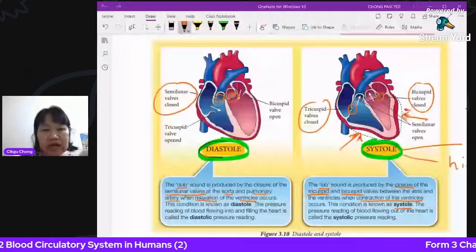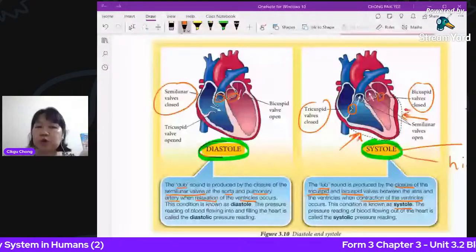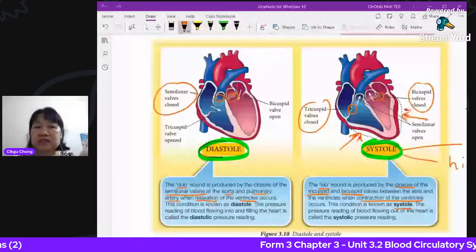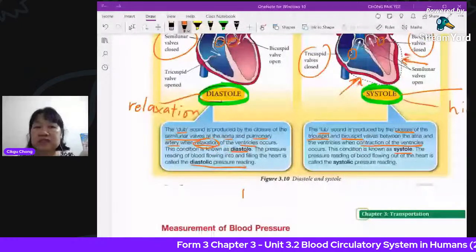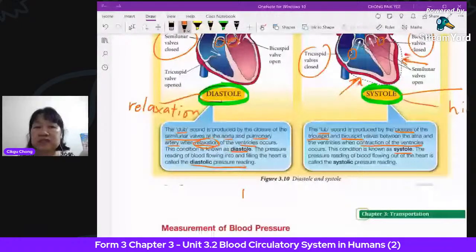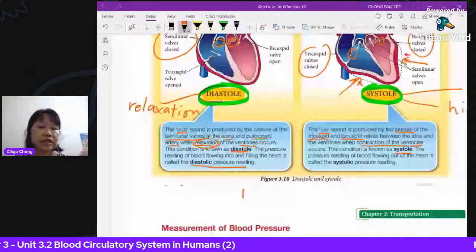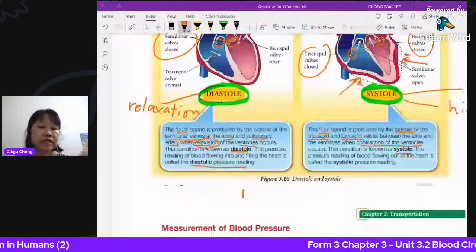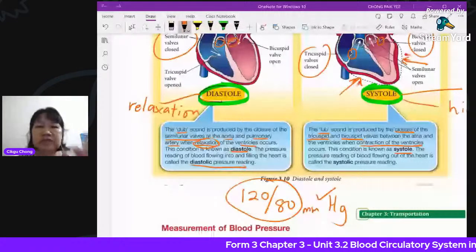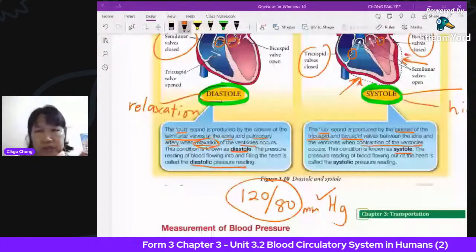So when you see the numbers, the normal blood pressure is 120/80 lah. This is healthy. The unit is millimeters of mercury. For adults, if you maintain this blood pressure when you're very, very old, it means you're okay. No high blood pressure. High blood pressure is about 140 onwards.